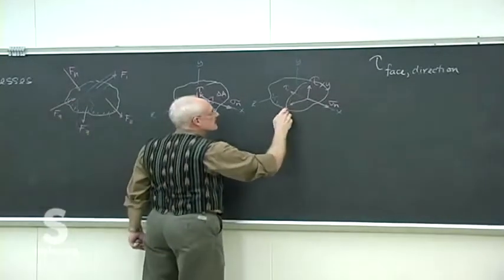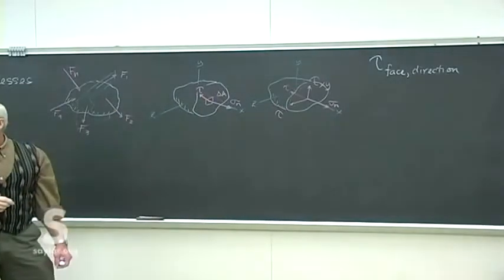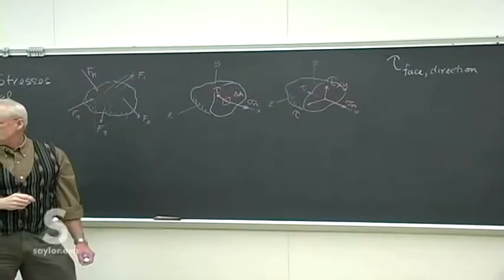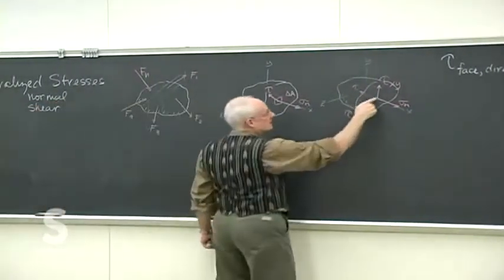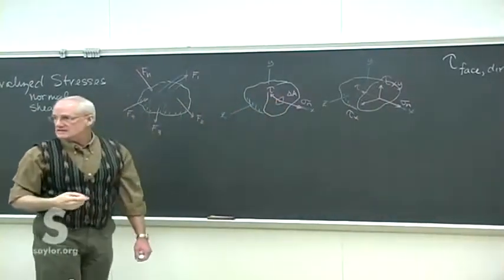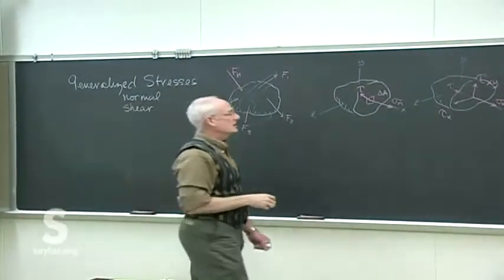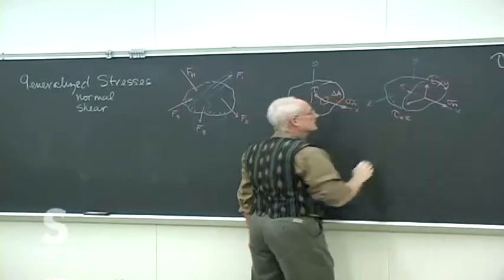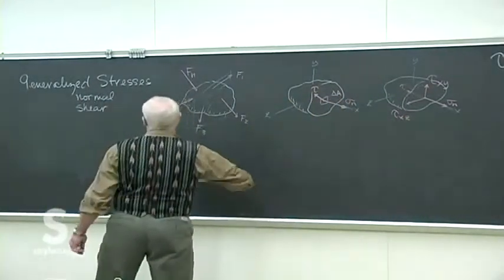So this piece down here is a shear stress, and what would the two letters be that describe what shear stress that is? It's still on the x face. That's the only face I've exposed right now, a face in the x direction. It's a cut that's normal to the x direction, and that one happens to be the component in the z direction. So I have a piece that looks just like that.